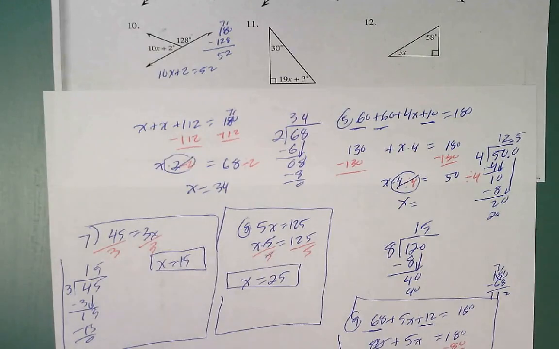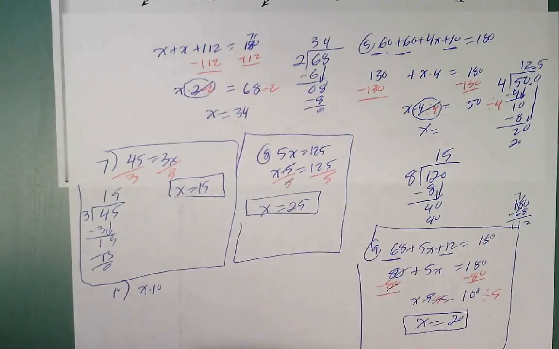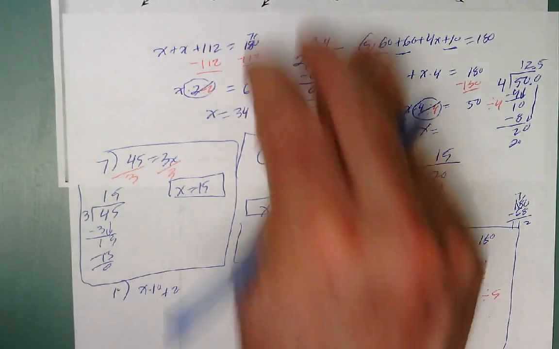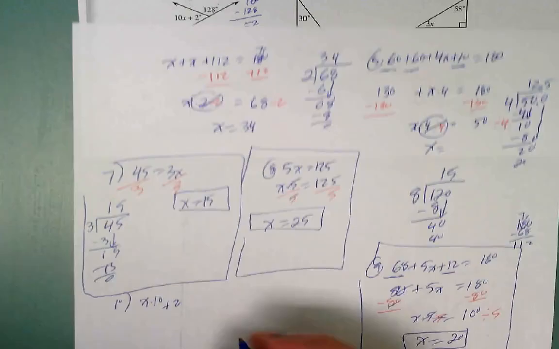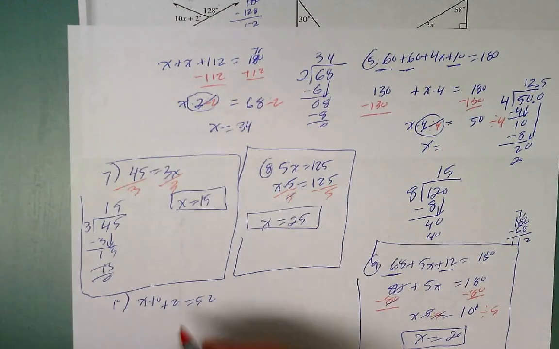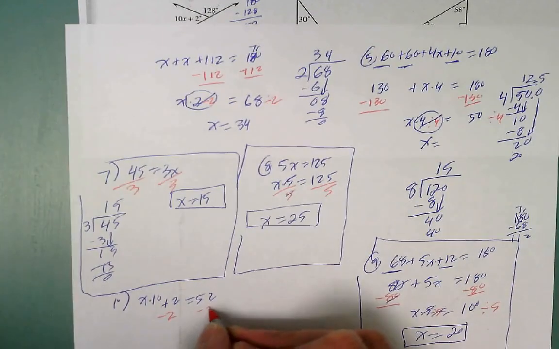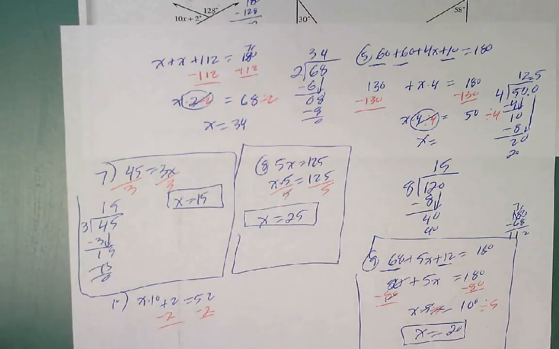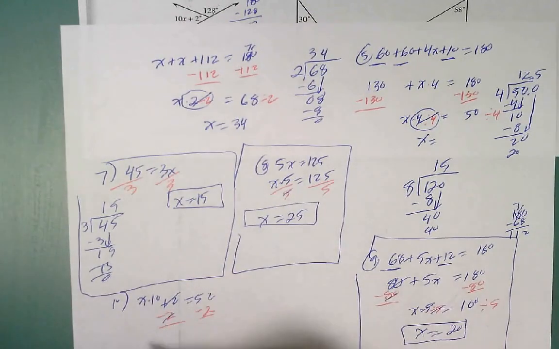So on number 10, we're going to say x times 10, that's 10x, plus 2 equals 52. How do I get rid of that plus 2? I subtract 2. And if I do it to one side, I got to do it to the other. They cancel out. X times 10 equals 52 minus 2. Again, they made this one easy for us.